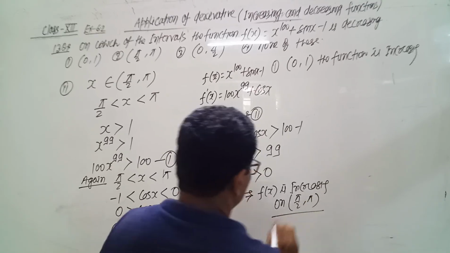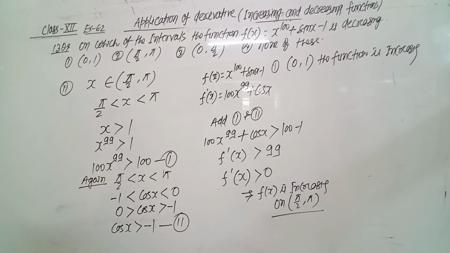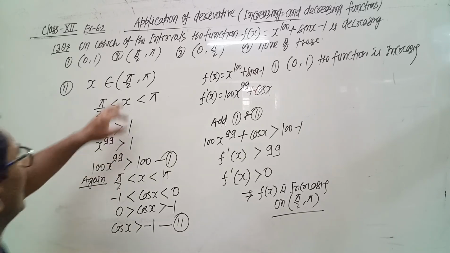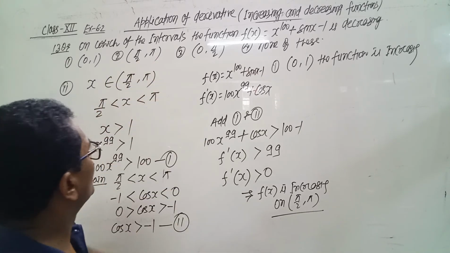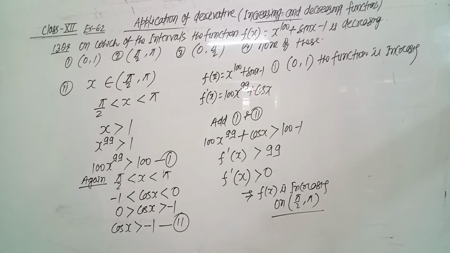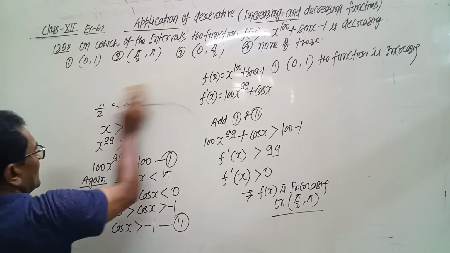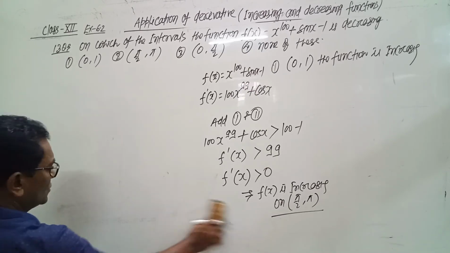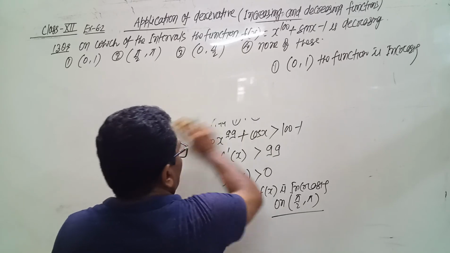The function is increasing on interval pi by 2 to pi. So the function was increasing from 0 to 1, and again the function is increasing from pi by 2 to pi. Now let us see what happened from 0 to pi by 2.